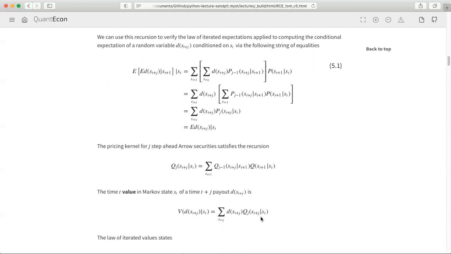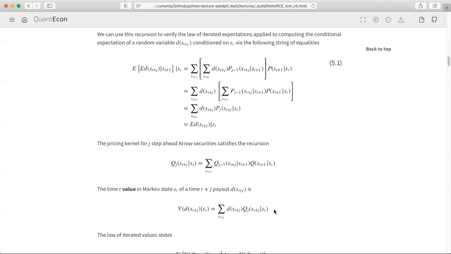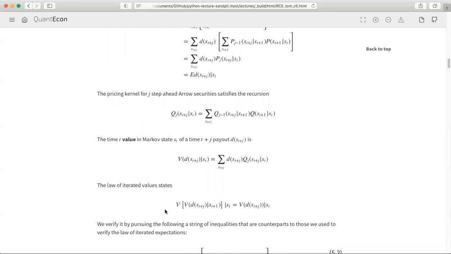It looks just like a conditional expectation. That value would be a conditional expectation if this pricing kernel were just equal to probabilities. But in general, it's not. So that's a value. And the law of iterated values just asserts that the value at time t of a value tomorrow is just equal to the value today.